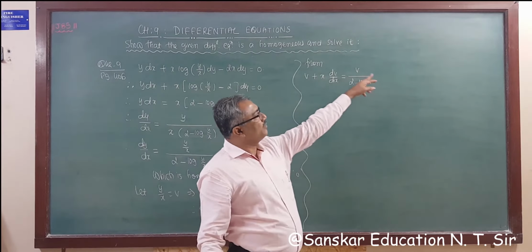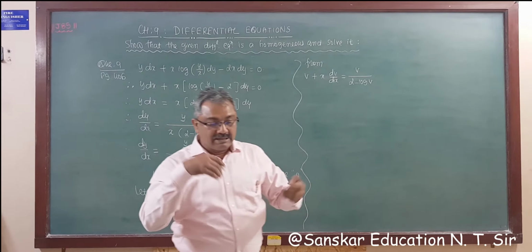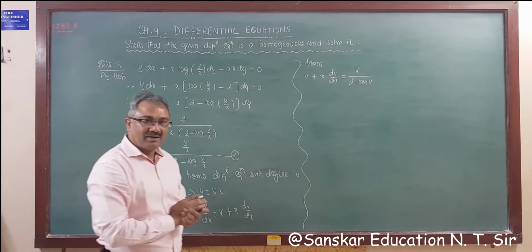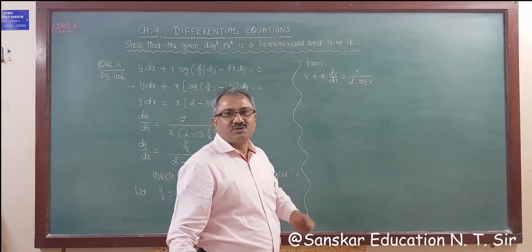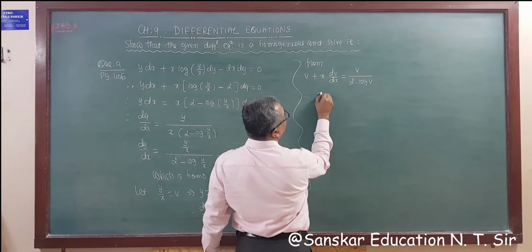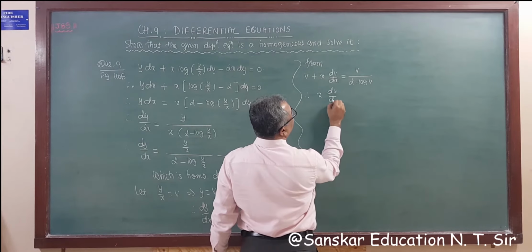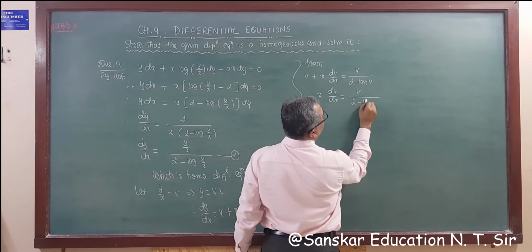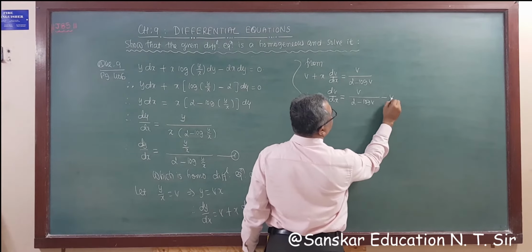Now taking v to the right hand side, as we want to convert this equation into variable separable form, otherwise we are not able to integrate this. So we get x dv/dx is equal to v upon 2 minus log v minus v.